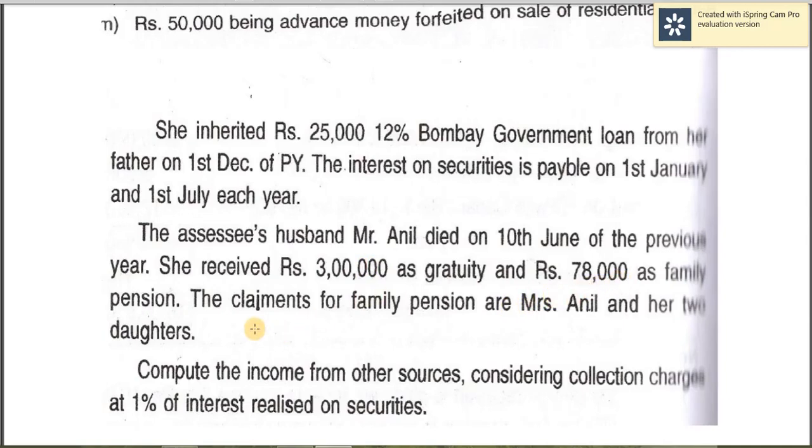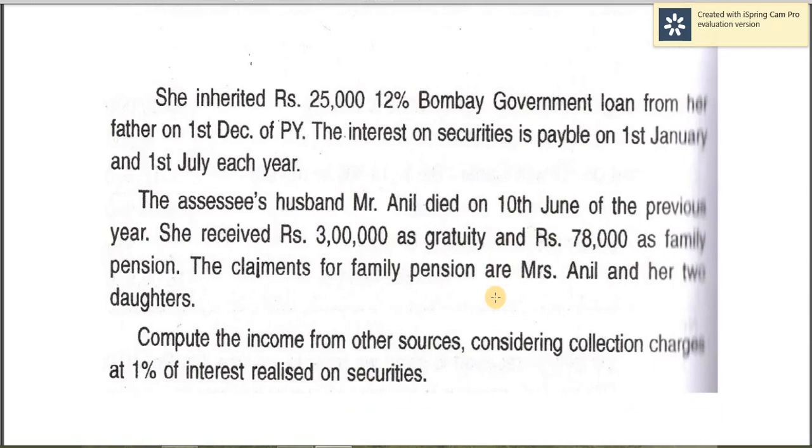As far as family pension is concerned, here there are 3 claimants: Mrs. Anil as well as 2 children. So 78,000 must be reduced to 1/3, and then you have to go for standard deduction. Standard deduction is 1/3 of that amount, or 15,000, whichever is less.